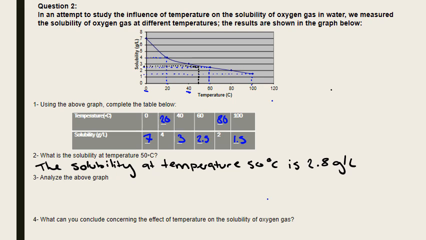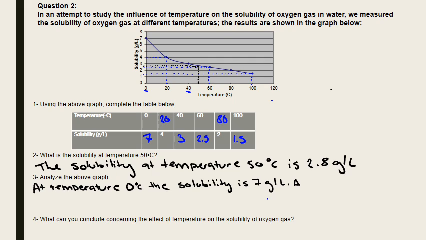Analyze the above graph. So, at temperature 0, the solubility is 7 gram per liters.